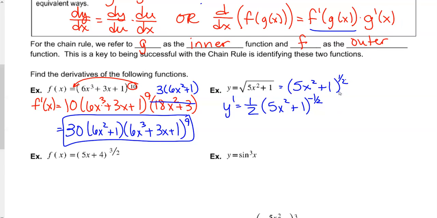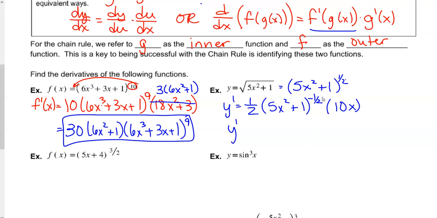Now I have to go to the inside function and take care of what is the derivative of 5x squared plus 1. And we're going to times that by that. Well, this becomes a 10x, and that's a constant, so that part is 0, so I basically just get a 10x there at the end. Now is the time to simplify.